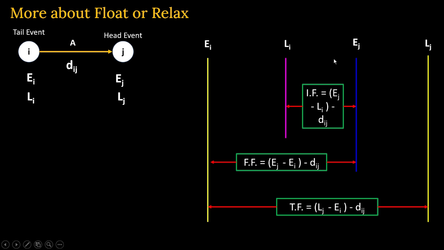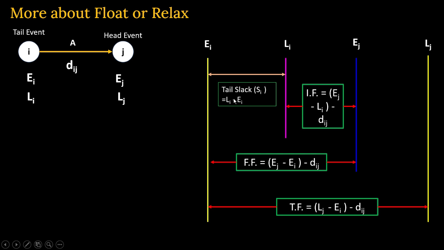Then what are these two empty areas? Here, tail slack. It is known as the tail slack. Tail slack is Si, Li minus Ei: latest start time minus earliest start time.